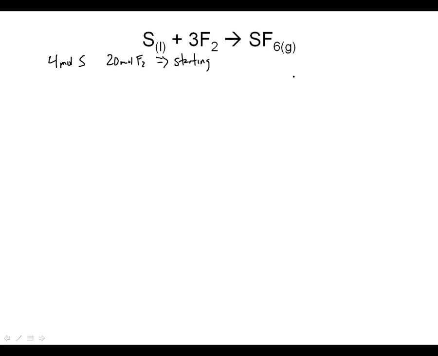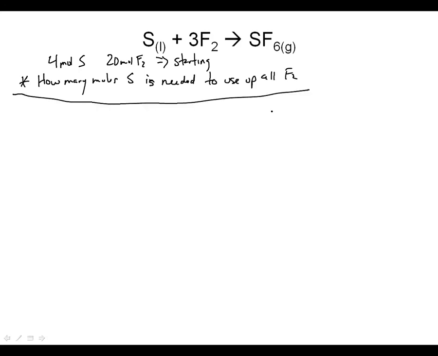And if you remember, we figured out the limiting reagent by figuring out how much F2 we needed. We could do the opposite calculation here. If we want to know how many moles of S is needed to use up all of the F2, we would do a similar calculation to what we did on the other one.